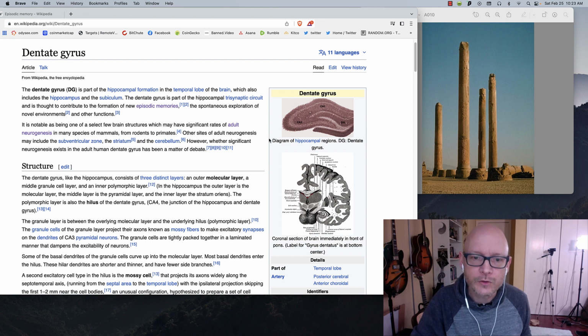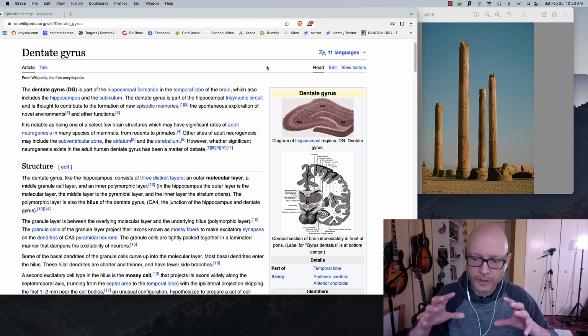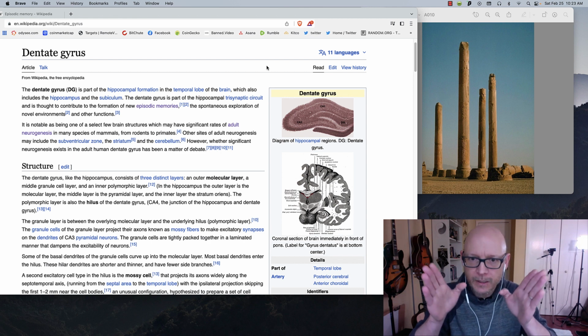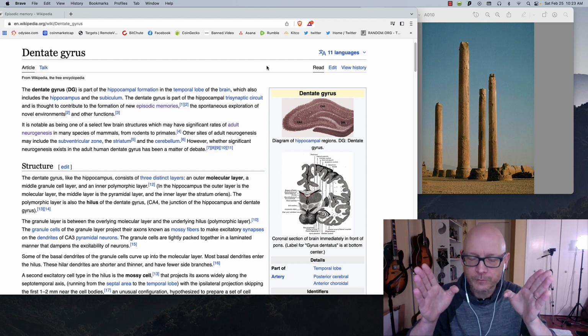Those neural cells of information go into the dentate gyrus. Pattern separation is where the information is coming in through novel channels, new neural pathways of expansion.